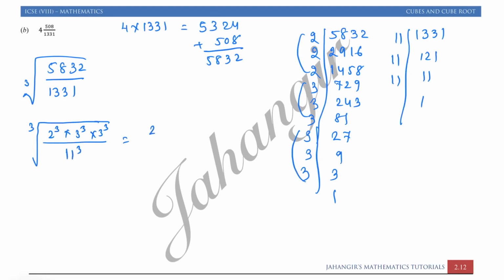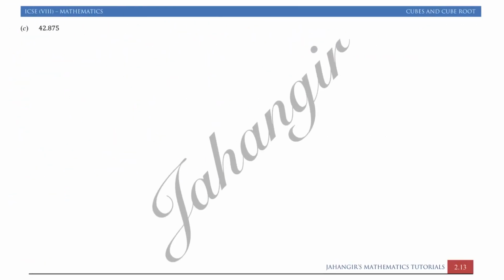Removing the cube root, you will get 2 into 3 into 3 upon 11, that is 18 upon 11. You can write it as a mixed fraction, 1 and 7 upon 11, since 11 plus 7 is 18. So do not forget to write in improper fraction if the question is given in mixed fraction.